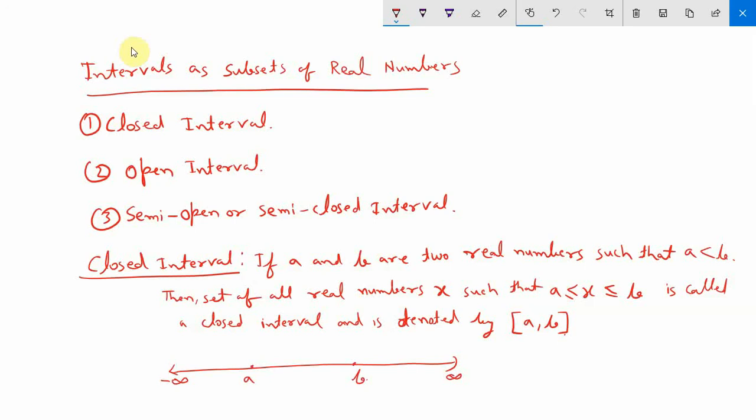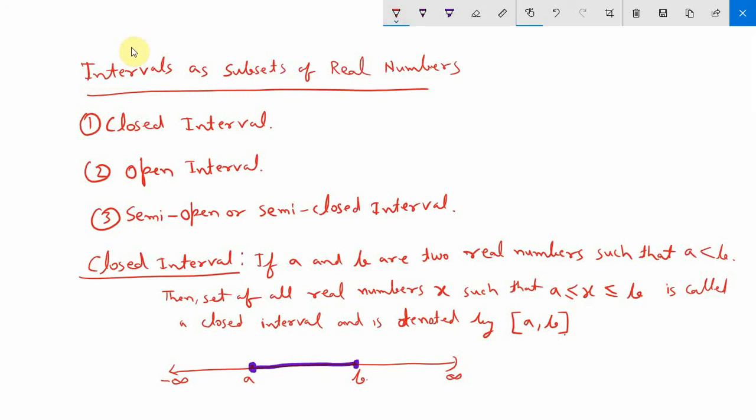It says x is greater than or equal to A, so x may be equal to A, so a solid dot will be here, and less than or equal to B, so it will be up to here with solid dots, that is, x may be equal to A or equal to B. So graphically we may represent it like this.